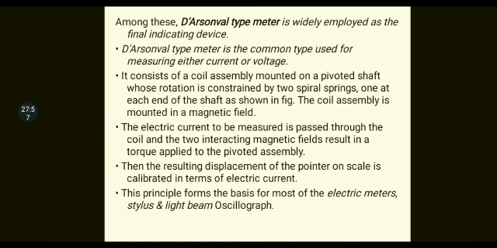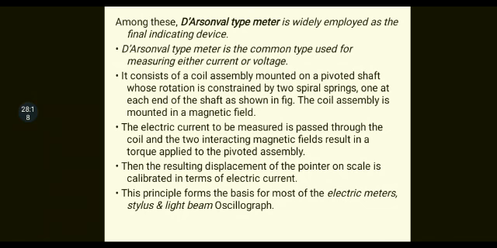And a pivoted shaft should be there, in a position to rotate. In order to rotate and bring it back to the original position, some springs need to be provided, on either end, top and bottom.